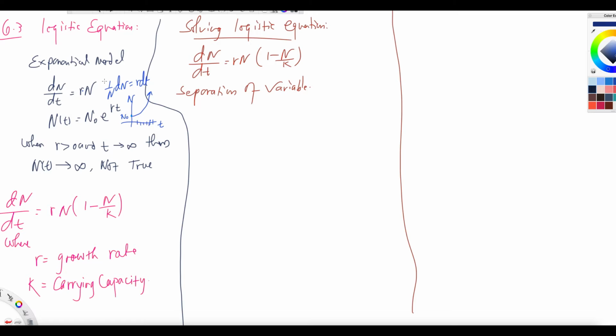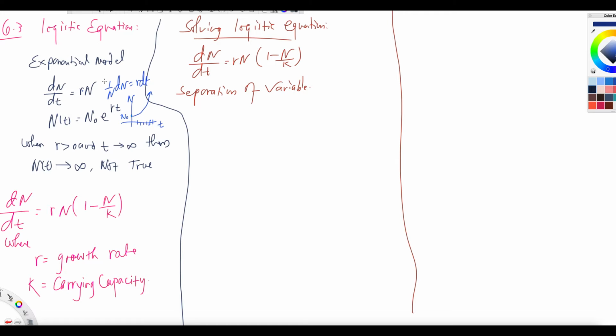If a place has enough food for a certain number of individuals, then the population will grow up to that level that has enough food. Then after that it will start to decline, right? Or the growth slows down once the population reaches close to the carrying capacity. So what is the carrying capacity?